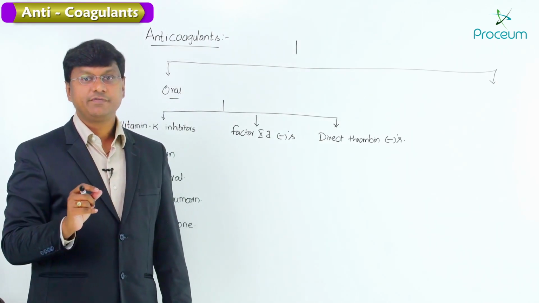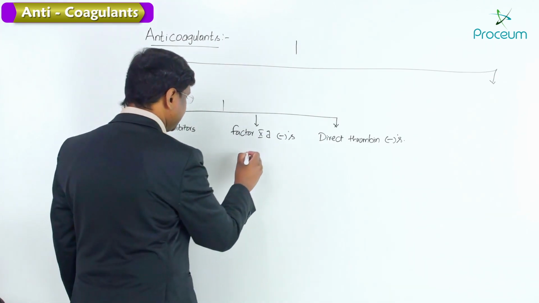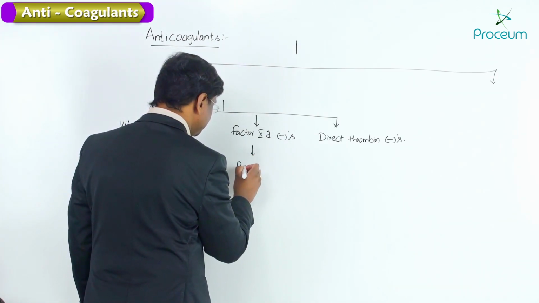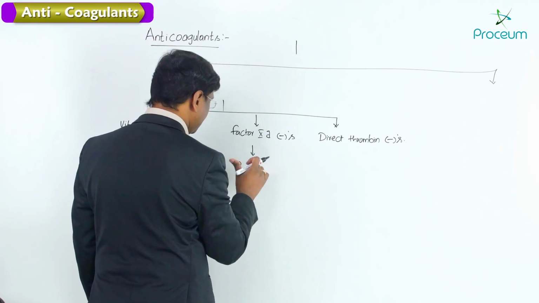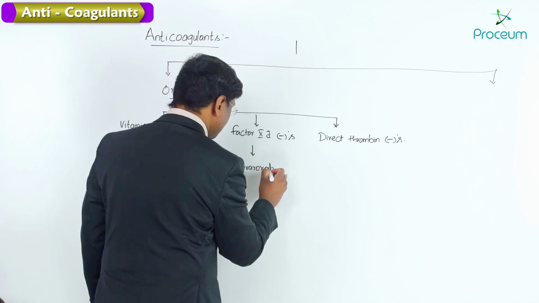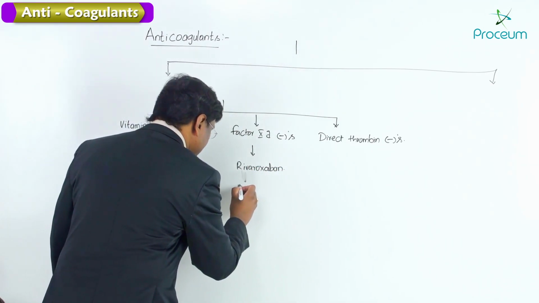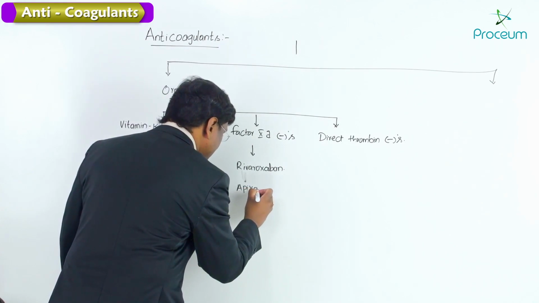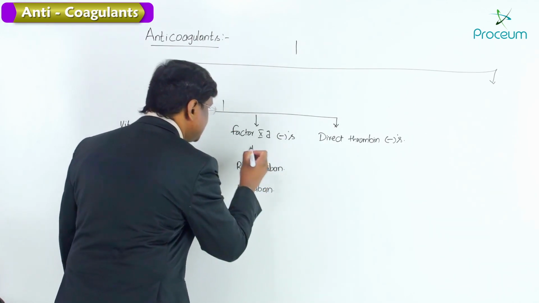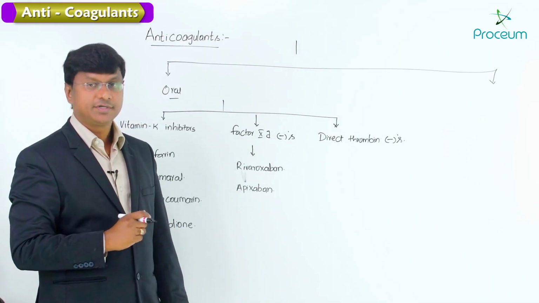Then the factor Xa inhibitors, the examples are rivaroxaban as well as apixaban. So these are the factor Xa inhibitors. Then we have the direct thrombin inhibitors.